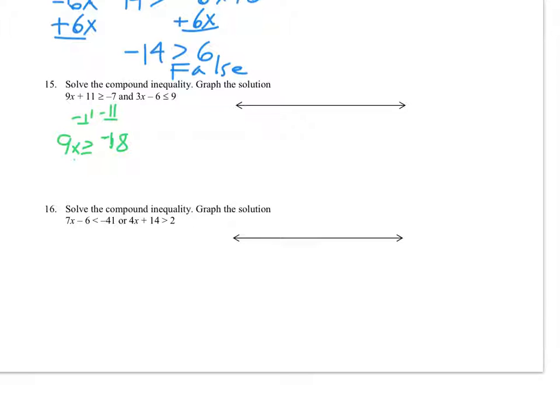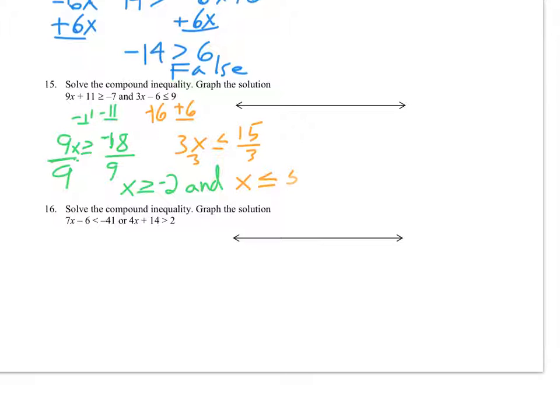Then divide by the 9. We get x is greater than or equal to negative 2. And do the same thing for the other one. We'll add 6, which gives us 3x is less than or equal to 15. Divide by 3. We get x is less than or equal to 5.